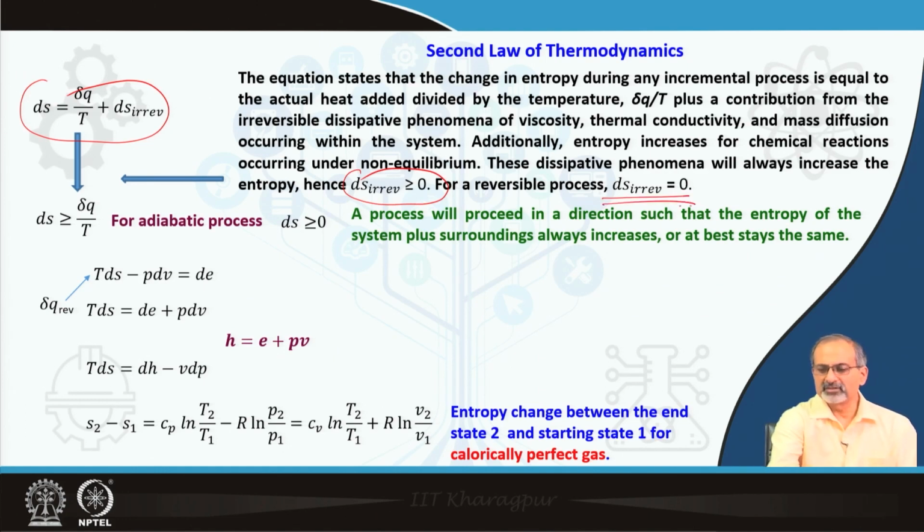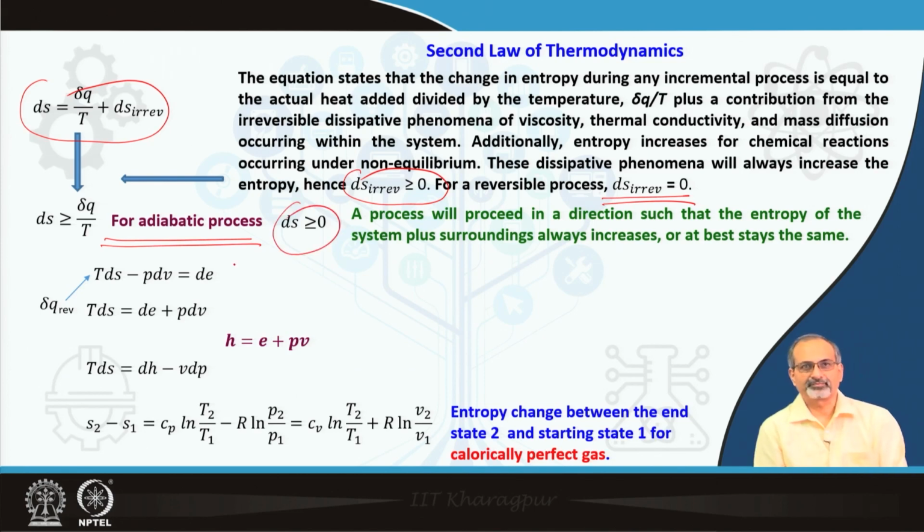For a reversible process, though, it is equal to 0, and a process always proceeds in a direction such that the entropy of the system which is undergoing the process plus that of the surroundings always increases, or at best stays the same; it can never reduce. So, when there is no heat transfer, for an adiabatic process you will have ds greater than or equal to 0.